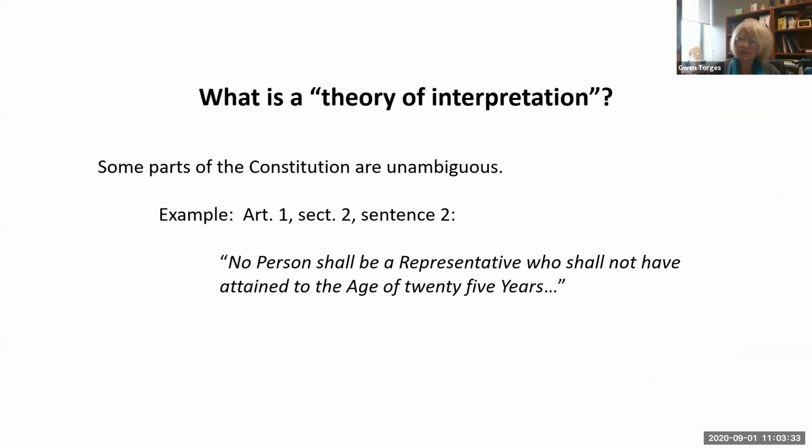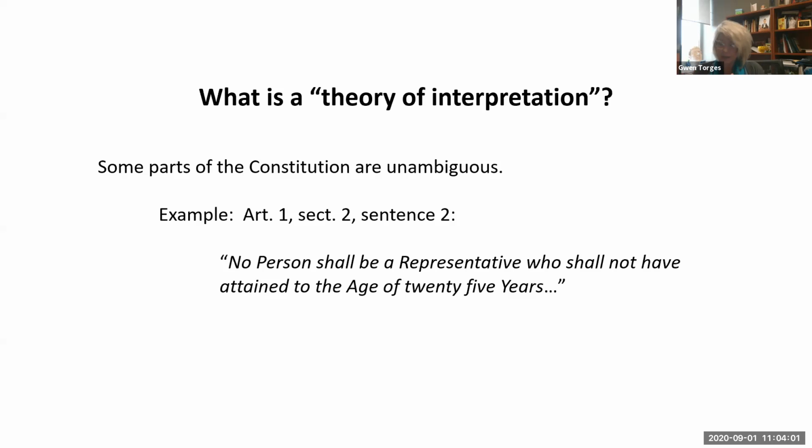Some parts of the Constitution are pretty clear. One example we can talk about is Article 1, Section 2, Sentence 2. Article 1 is the part of the Constitution that creates the legislative branch. When it's talking about qualifications to be a member of the House, it says no person shall be a representative who shall not have attained the age of 25 years.